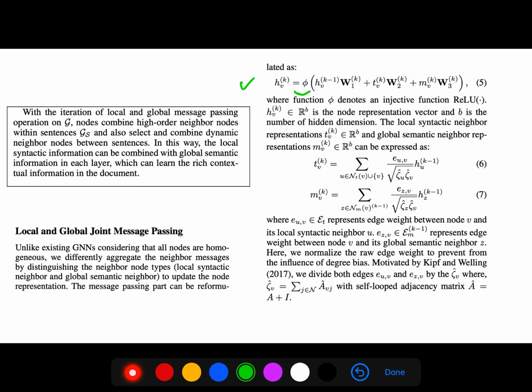So the local syntactic neighbor representation, this one, is modeled by this, and at the same time the global semantic neighbor representation can be approximated like this.